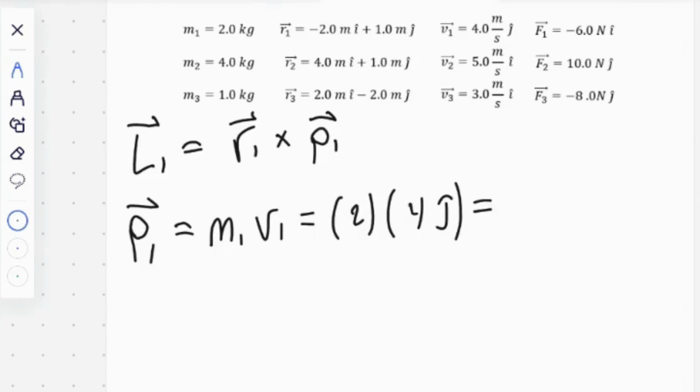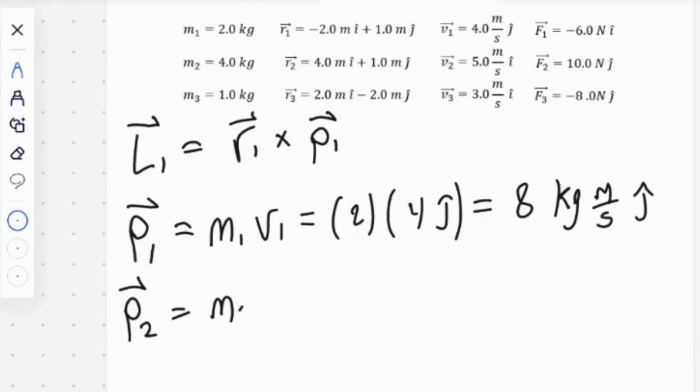Everything's in base units here, so I'm just going to drop my units until the end. And then we'll just do the same thing for the second one and the third one.